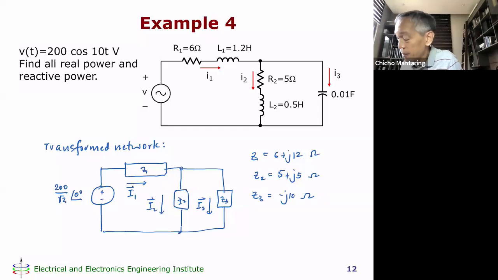Now here's the thing. With the capacitor, the reactive power delivered by a current to a capacitor is always negative. You can also relate it to the capacitor having an imaginary component which is negative.